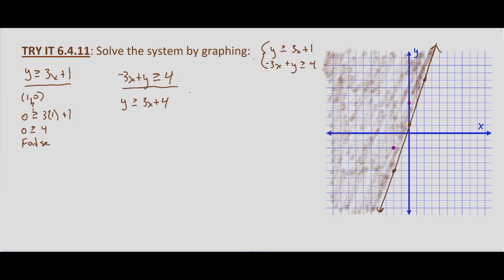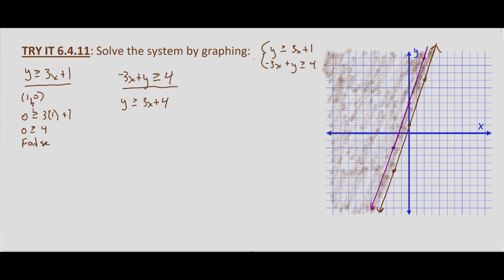And then at, let's say 2, 3 times 2 is 6, plus 4 is 10. So 2, 10. And you might already notice something here. Obviously, the lines are parallel. This is inclusive as well, so we're going to draw a solid line through the points.